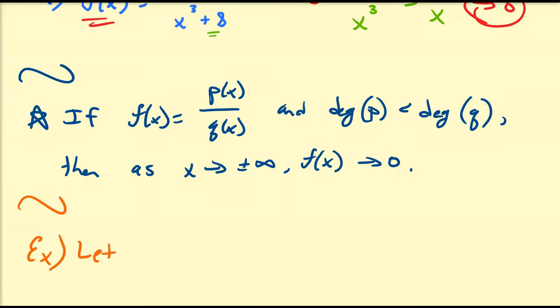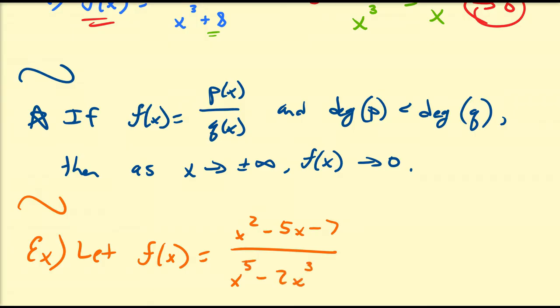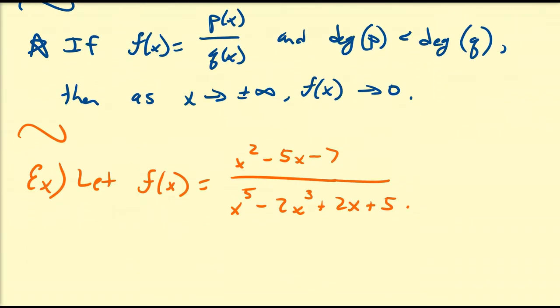So what we're going to do is let f of x be equal to x squared minus 5x minus 7, all divided by x to the 5th minus 2x cubed plus 2x plus 5. And what we're interested in is finding f evaluated at 543,242.